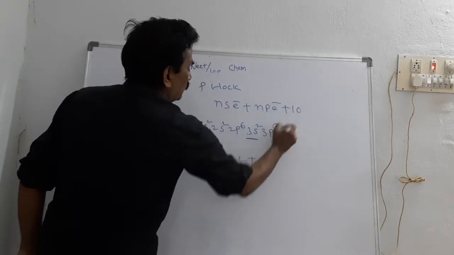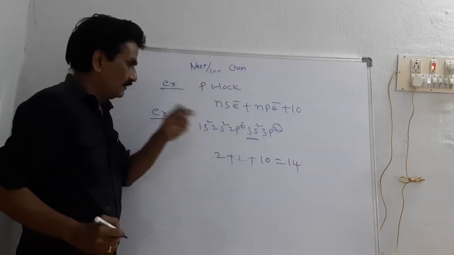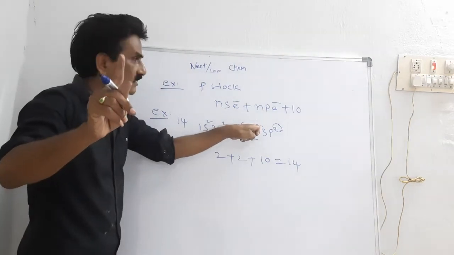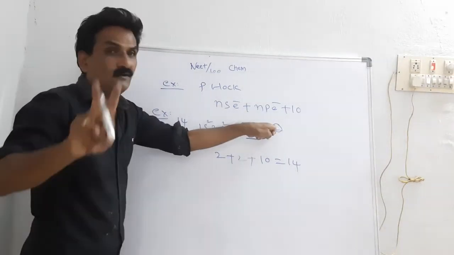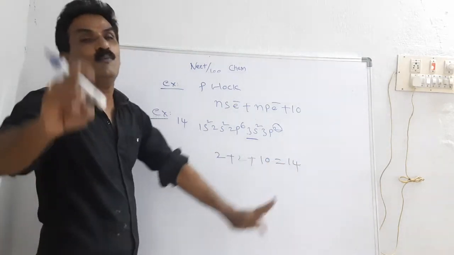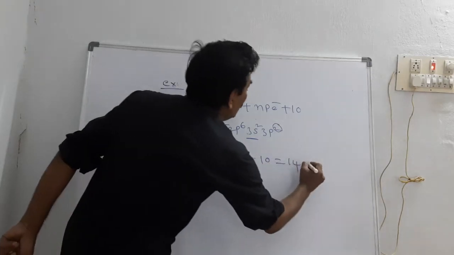Plus 10. So ns electrons 2, valency shell np 2, plus 10, gives the 14th group. Please note it.